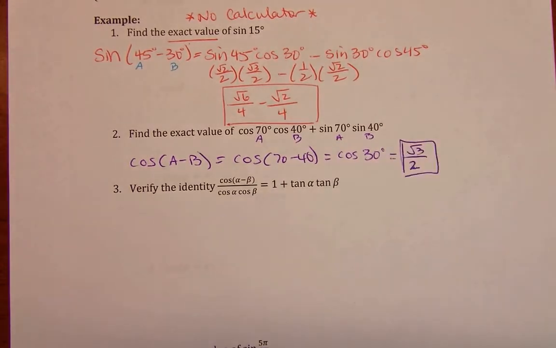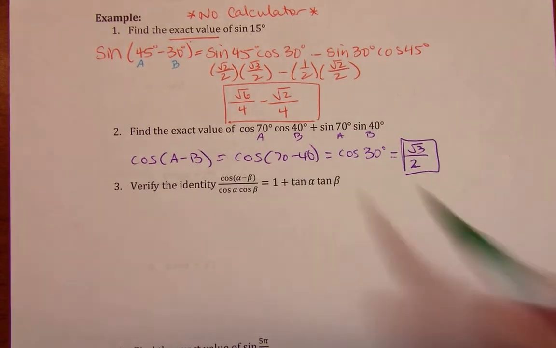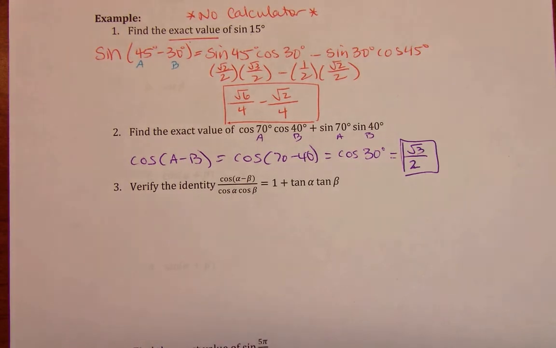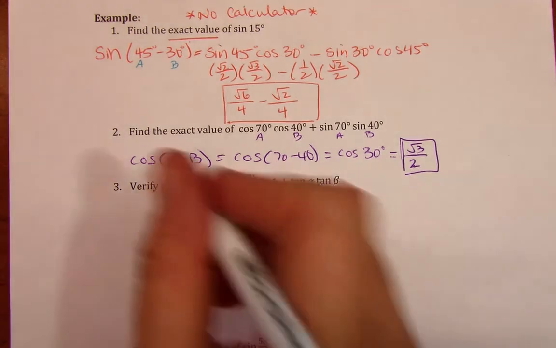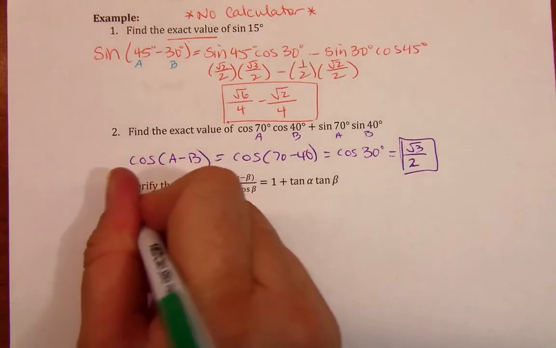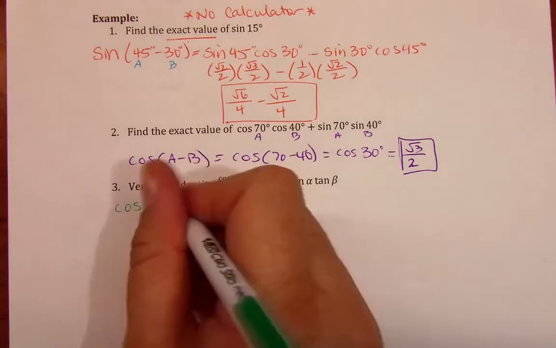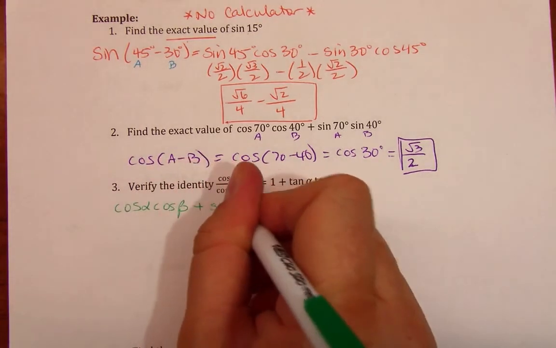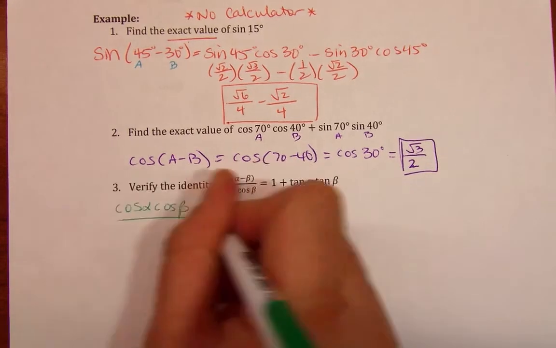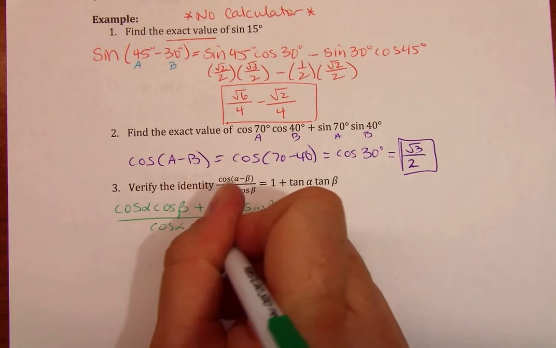Okay, not so bad. We can also use these identities in verifying. So if I have cosine of alpha minus beta, those are just Greek letters, they work the same way as any other variable. I can use that formula, and that'll be cosine of alpha cosine of beta plus sine of alpha sine of beta over cosine of alpha cosine of beta.